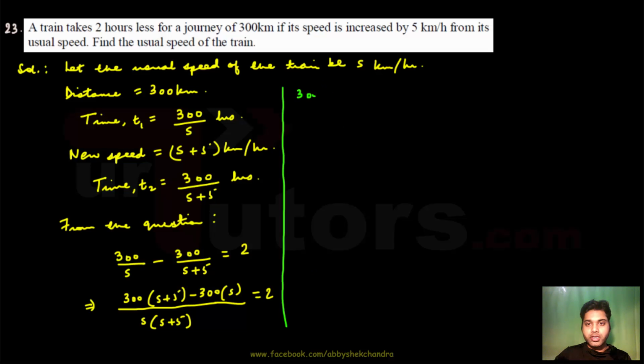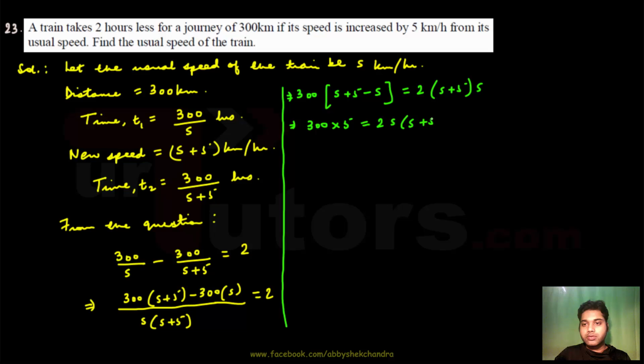Then if you take 300 as common, you'll get s plus 5 minus s, and the denominator you take to the other side, so 2 into s plus 5 goes to the other side, or 300 into 5, because plus s and minus s cancel out, equal to 2 into s plus 5.